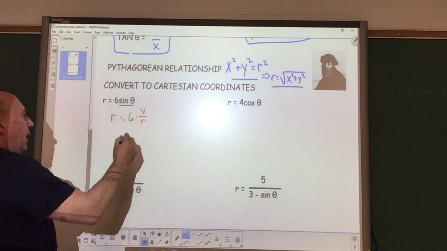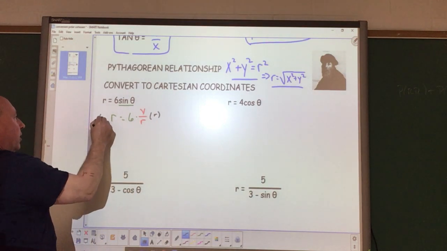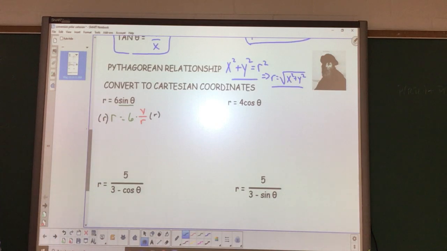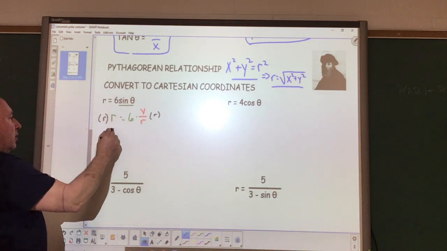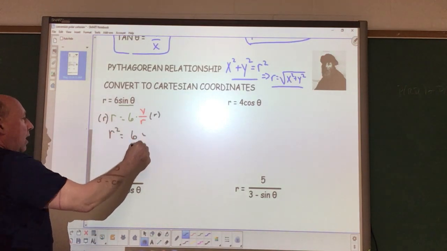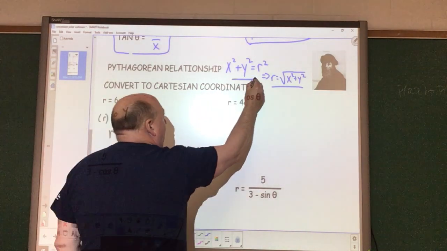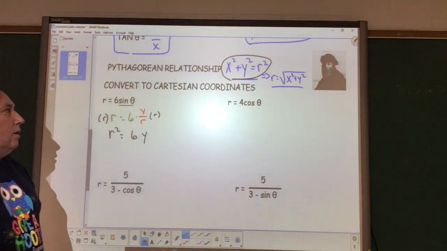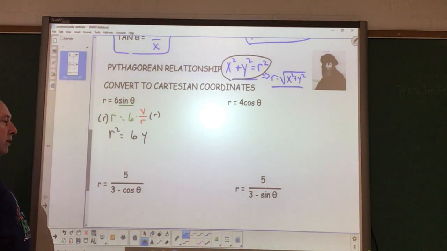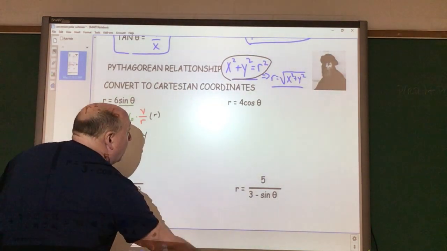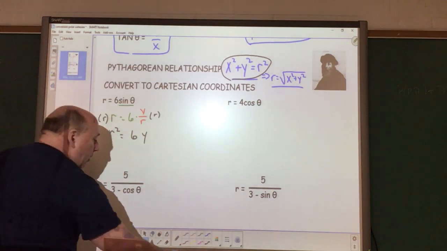Because if I multiply both sides of my equation by r, we are left with r squared is equal to 6y. And looking up at what we have for r squared, r squared is equal to x squared plus y squared.